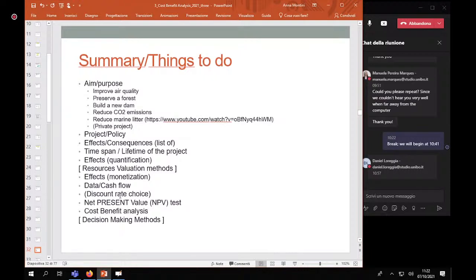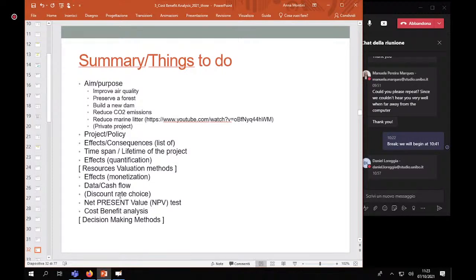After all, you have used cost-benefit analysis as the decision-making tool, as a decision-making method to decide if it is a good idea to go on with a particular project or not.